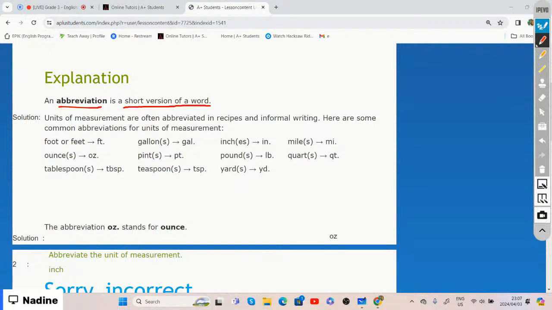When you shorten that word, it needs to be followed by a period. Units of measurement are often abbreviated in recipes, and they can be abbreviated in informal writing.